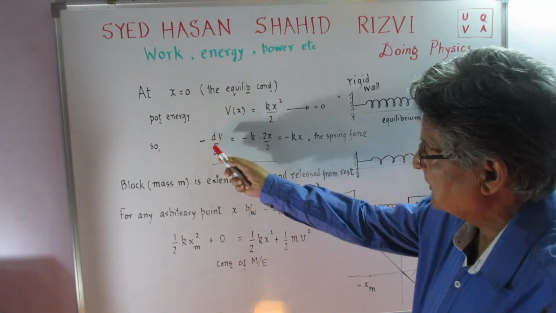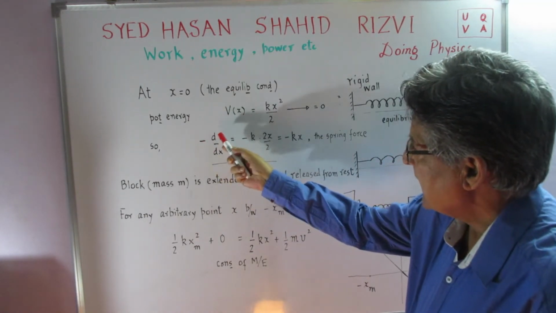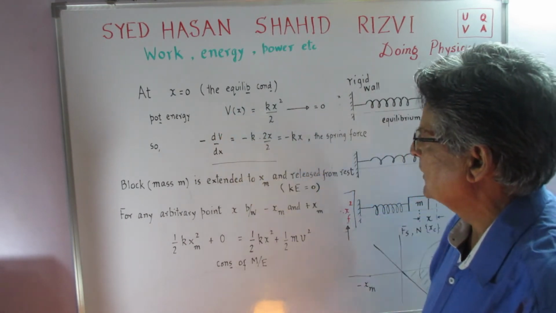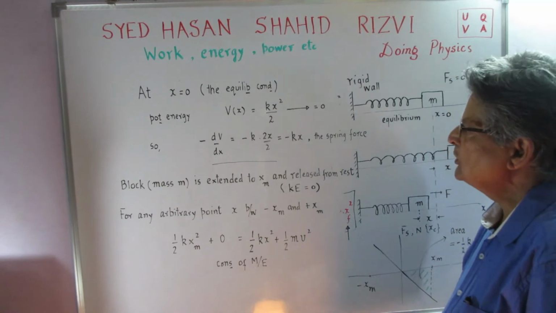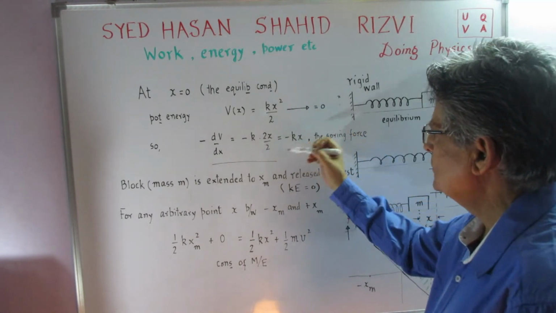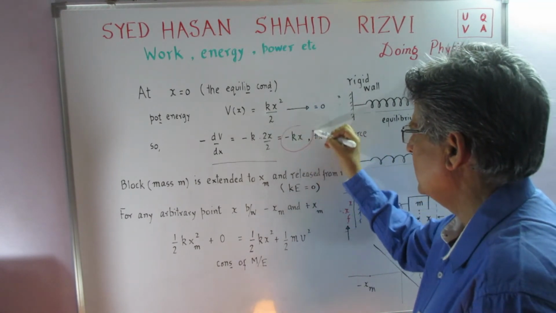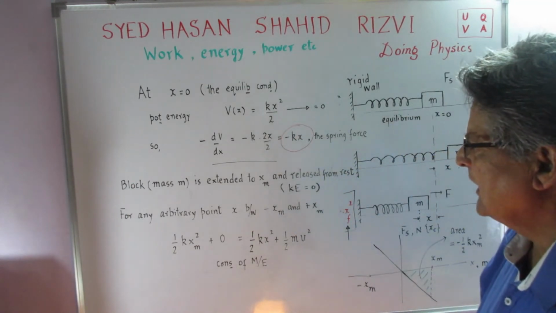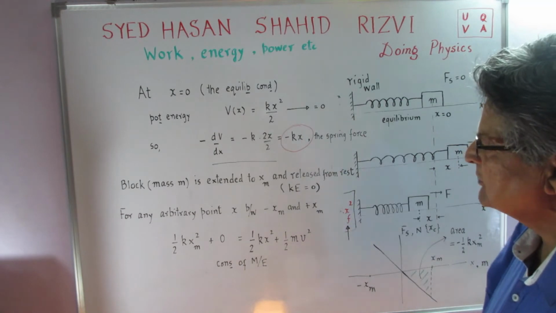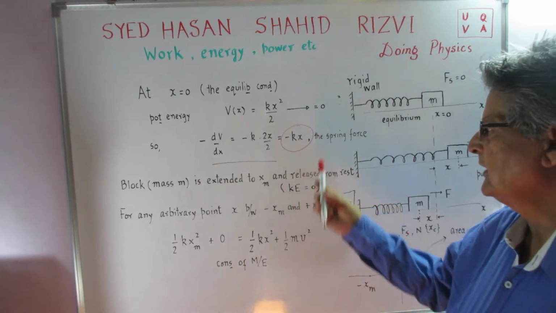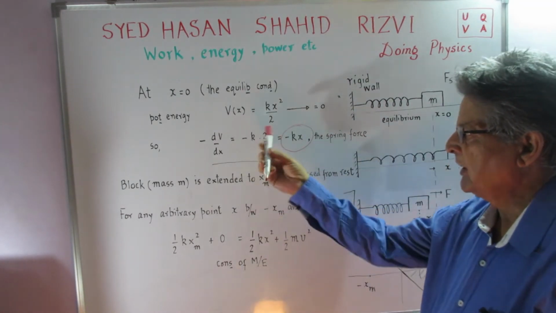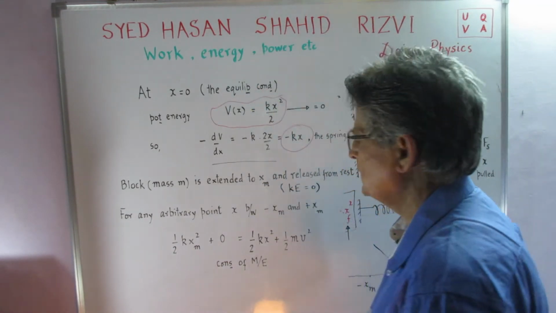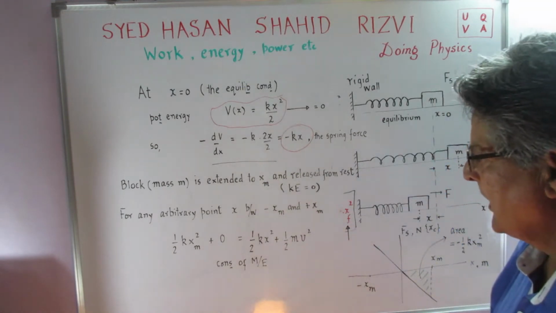If I multiply by minus 1 and take dV/dx, it turns out to be minus k into 2x upon 2, which is minus kx, the spring force. So the spring force F equals minus kx is obtained from the potential energy function, which is definitely a scalar.